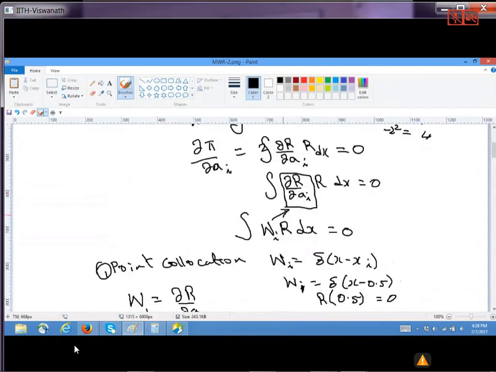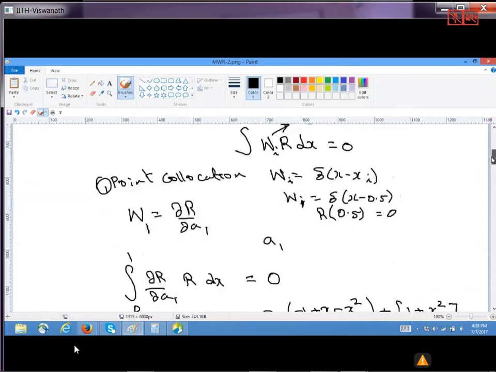This reduction makes my weight equal to dou r by dou a. In point collocation, my wi was delta of x minus xi. Since in the previous example we took x minus 0.5 as our delta function, our method of weighted residual condition will lead to this condition.